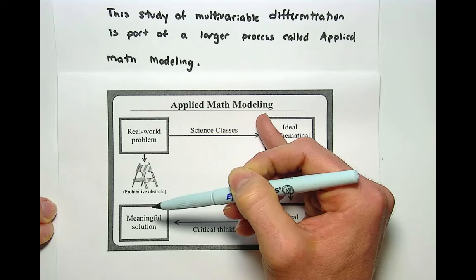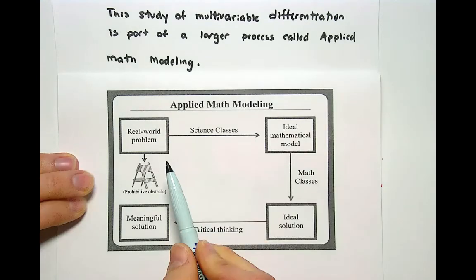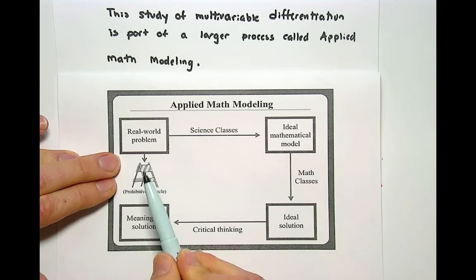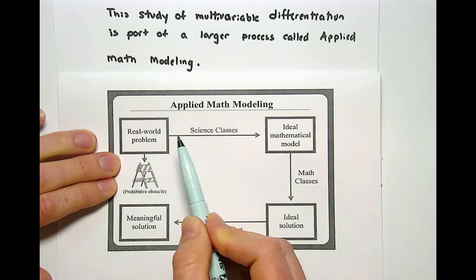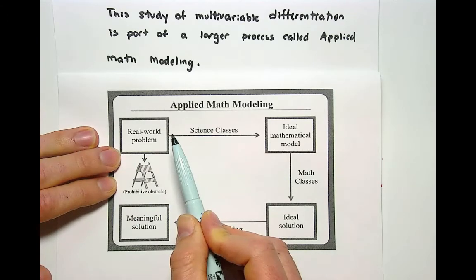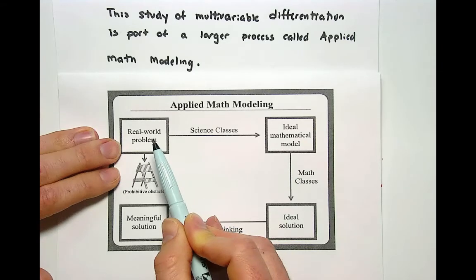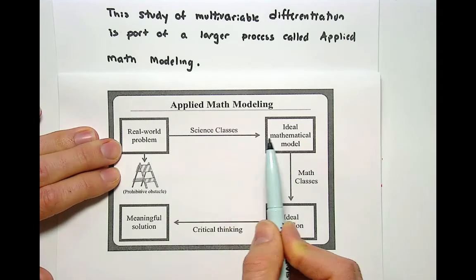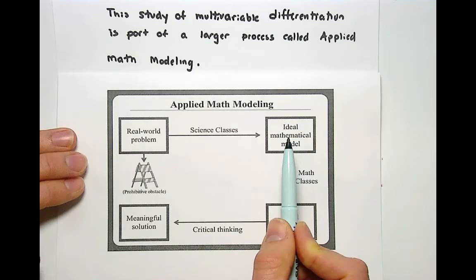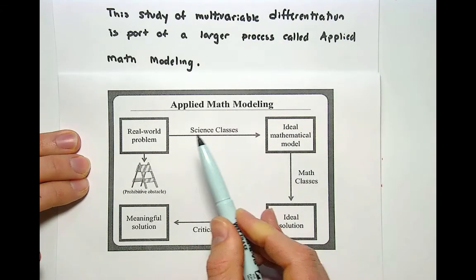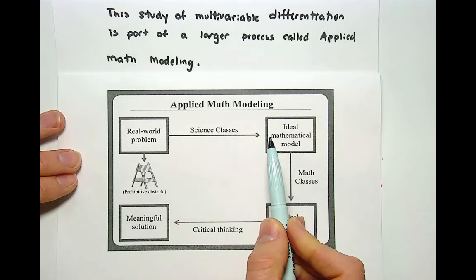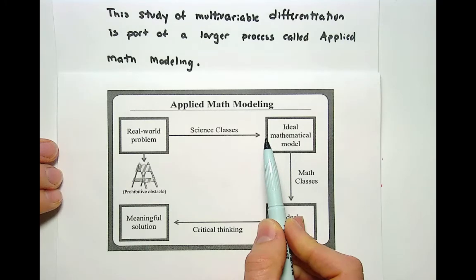So one of the interesting things in applied math modeling is we say, okay, well, we can't go immediately to a meaningful solution. So what we're going to do is use our scientifically trained mind to transform this real world problem into a set of ideal mathematical models. The way that this transformation happens depends a lot on the classes that you take in science.